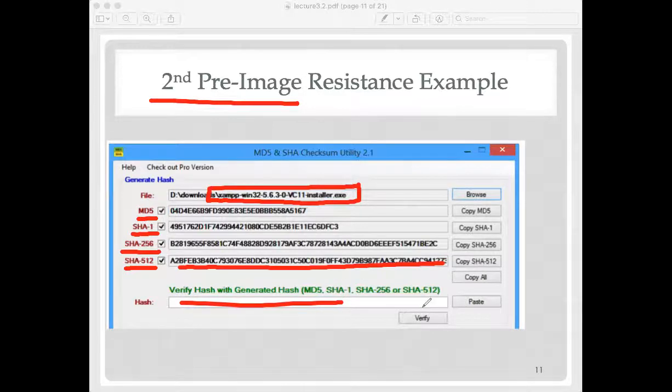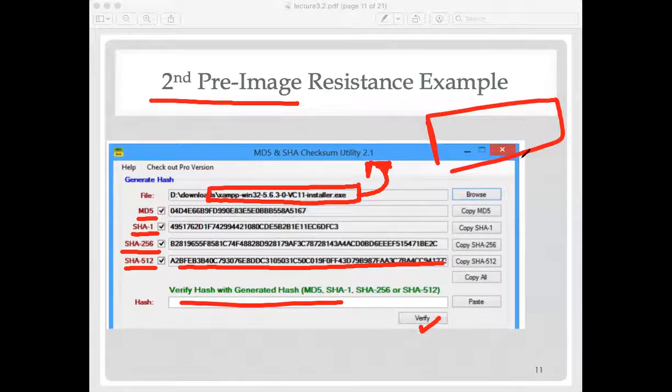If it's verified, معناها this file that I downloaded has not been modified in any way. So if the hash function doesn't give me pre-image resistance, an attacker can take this file ويبدأ يعدل عليه أشياء بسيطة. يعني changes this bit, injects some code, does this, does that.